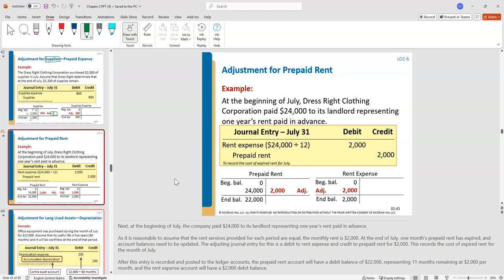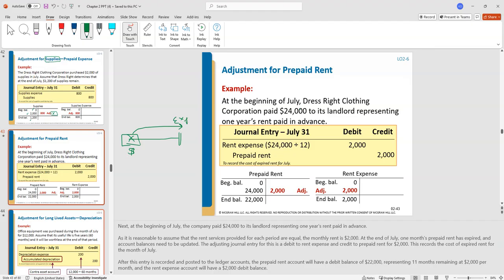Another could be prepaid rent. During the period, one of those entries we made, we gave the landlord, the person we are renting from, money in advance. So in that case, we gave them the money. Here we are at the end of the period. We have to recognize some of the expense for that.